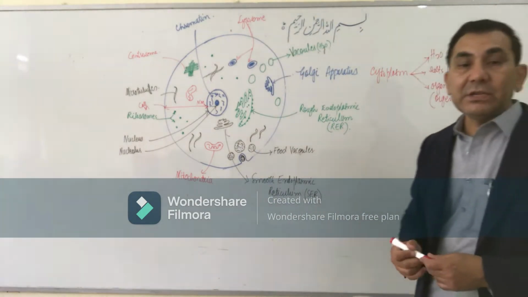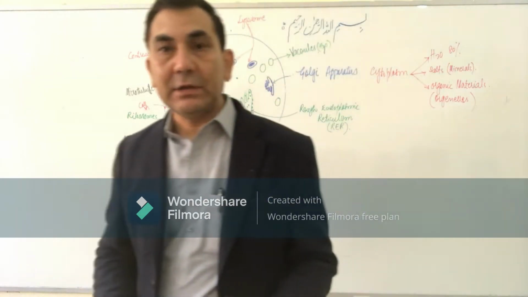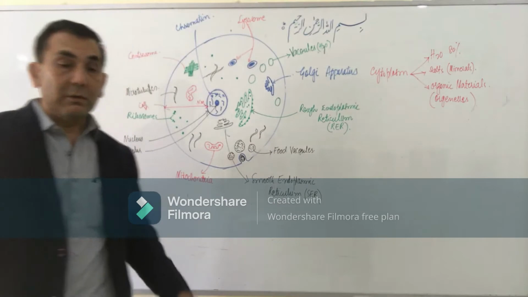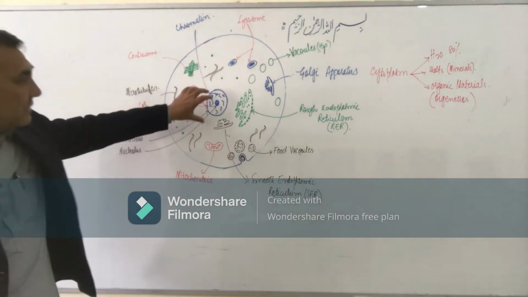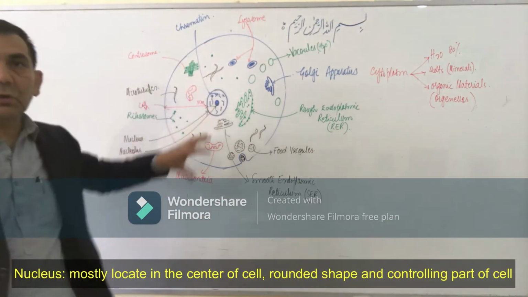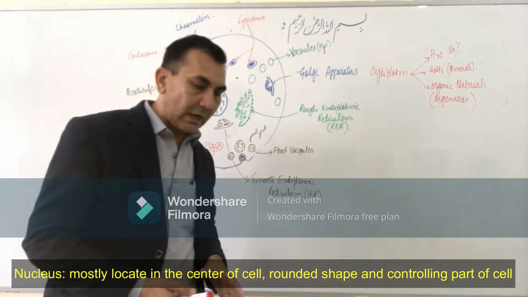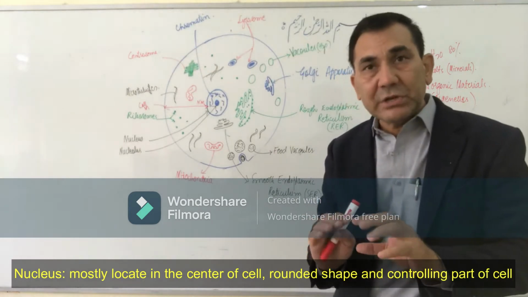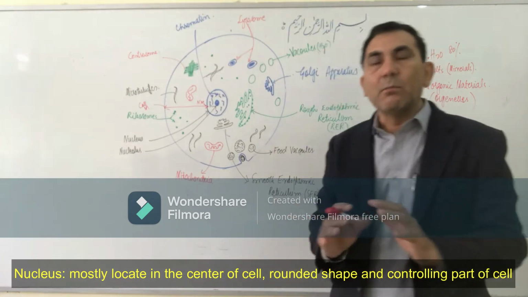What are these organelles present inside the cytoplasm? The first one is present in the center of the cell, mostly rounded in shape.